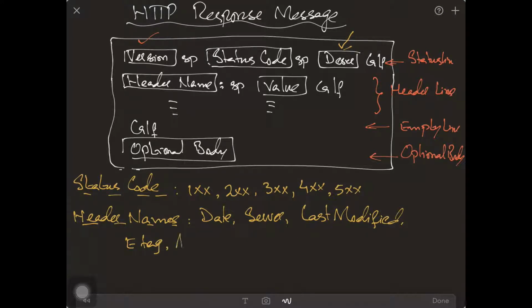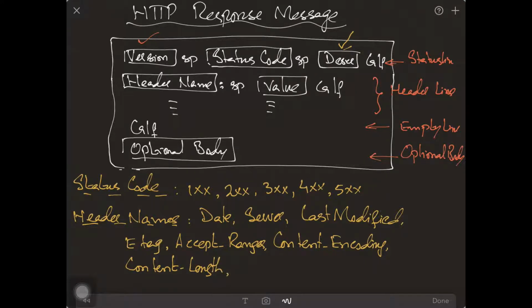We have accept ranges, content encoding, that is the encoding scheme used. We have content length, that is the length of the document. We have content type, that specifies the media type which is there in the body part.